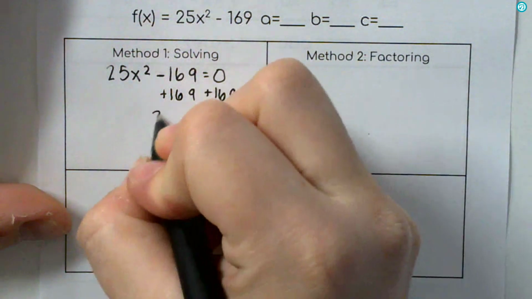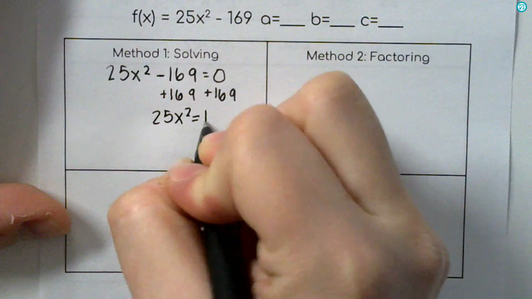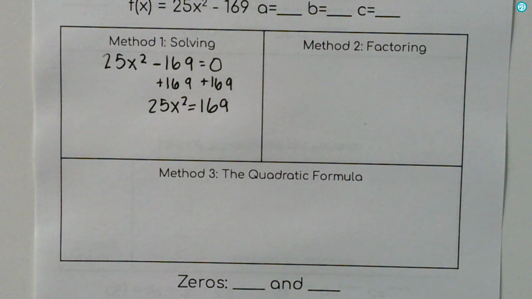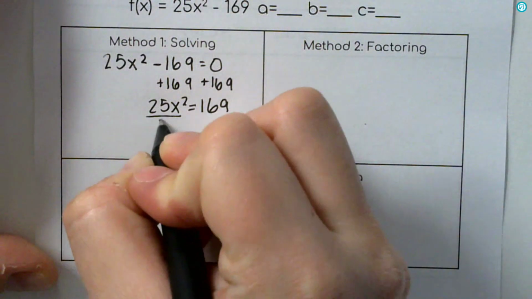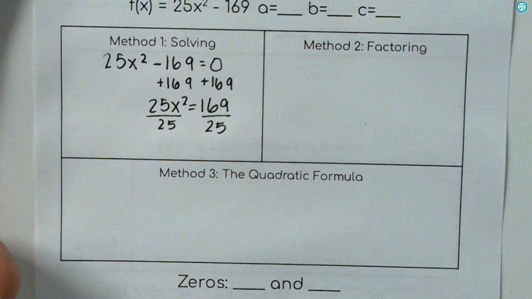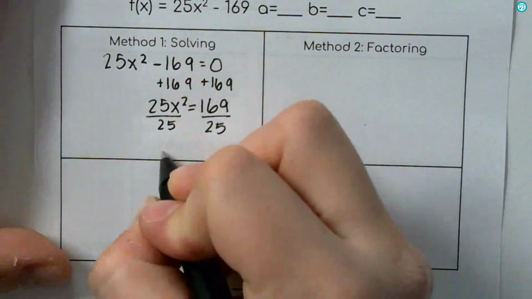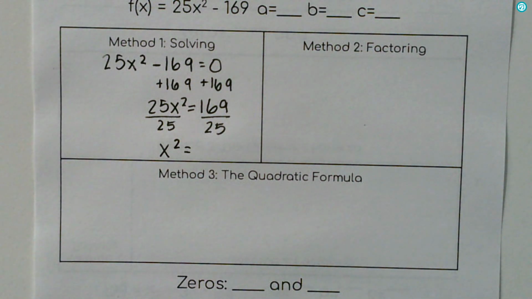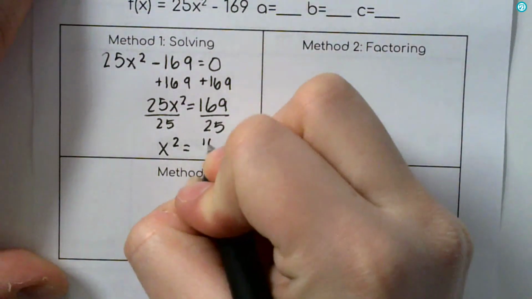So we have 25x squared equals 169. Then we divide both sides by 25. And we have x squared equals 169 over 25. Is 169 divisible by 25? No. So we're going to leave it as a fraction.